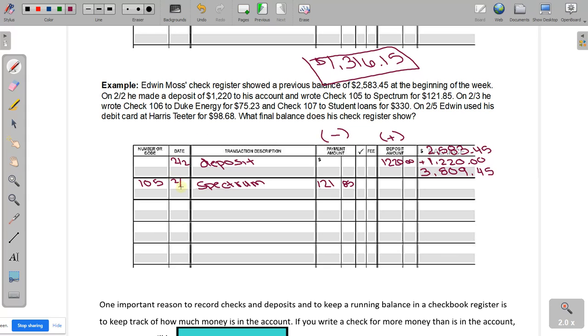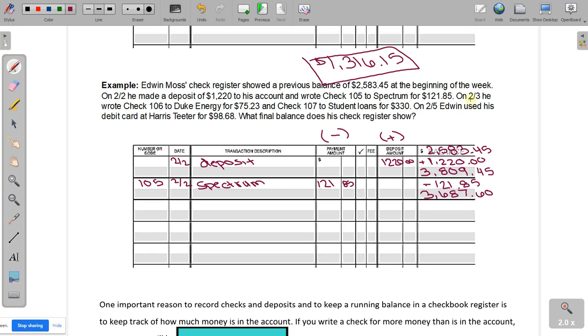So we're going to put 2/2. So we're going to take our balance and subtract out $121.85. And when we subtract that out, we get a running balance of $3,687.60.